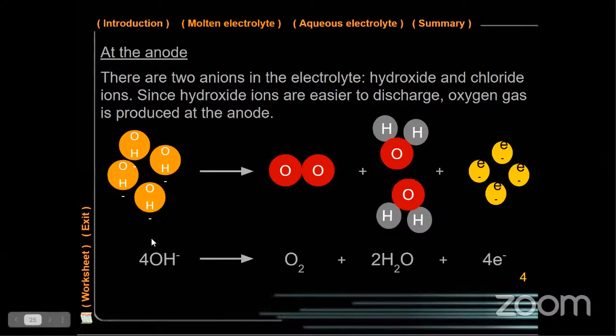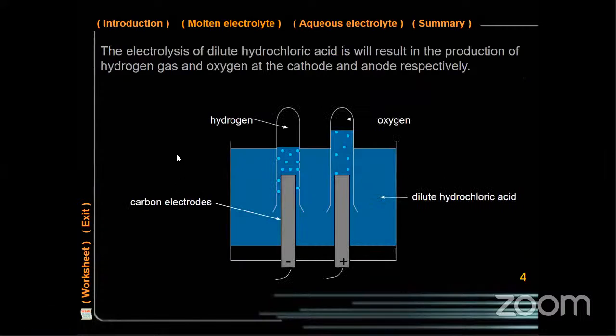So we have to study that. Basically now we're knocking out hydroxide, we're knocking out hydrogen ions. So what's going on? Look at this picture, and they love to ask about the look of this picture. At the cathode, we're getting hydrogen.